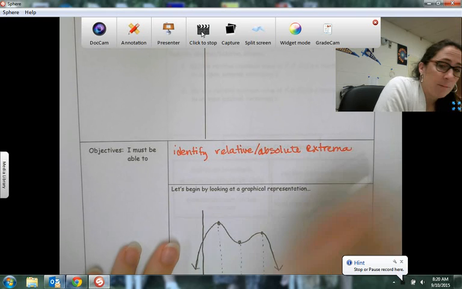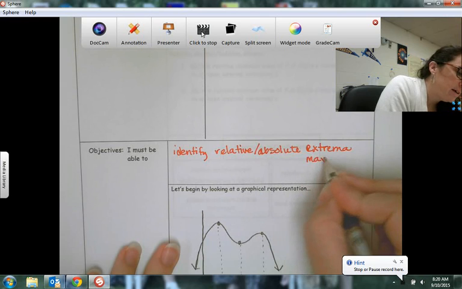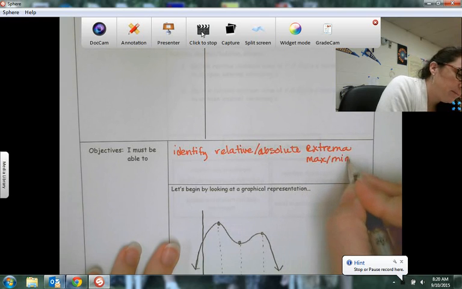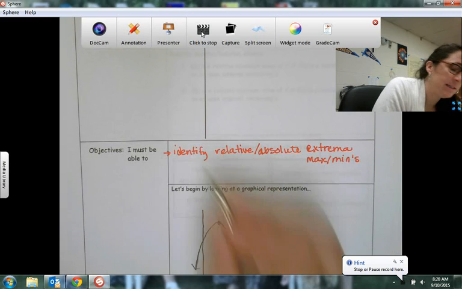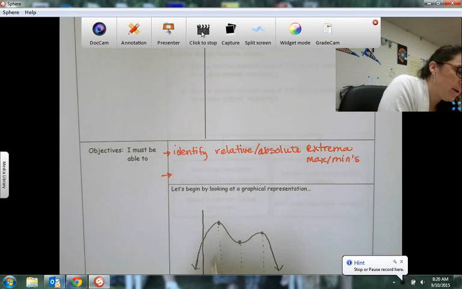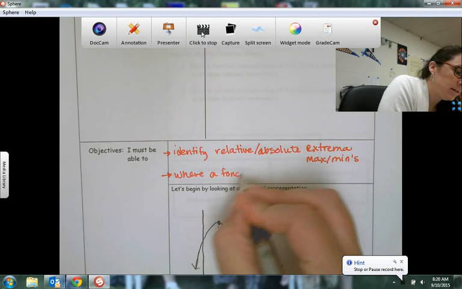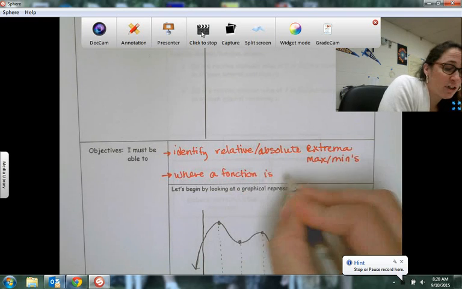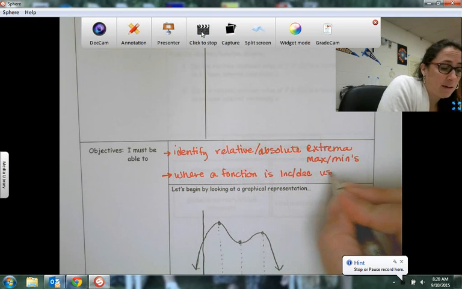So that's talking about our max and our mins. And that's the main goal for today. So we can also talk, though, about where a function is increasing or decreasing using the first derivative.